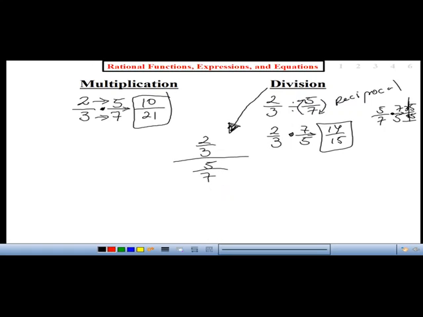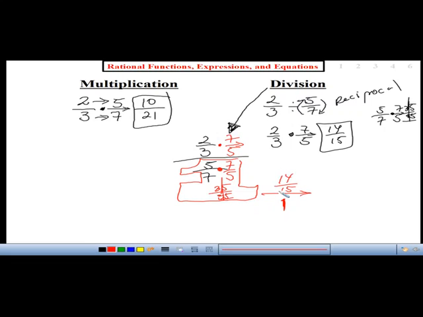What can we have? Integers, which means the smallest integer I can think of is a giant 1. Therefore, what can I multiply this fraction by to give me a giant 1? Well, the reciprocal, 7 over 5. 7 times 5, that's 35, and that's a giant 1. But whatever I do to the denominator, I do to the numerator. And then from there, I multiply these, I get 14 over 15, and all that over 1.